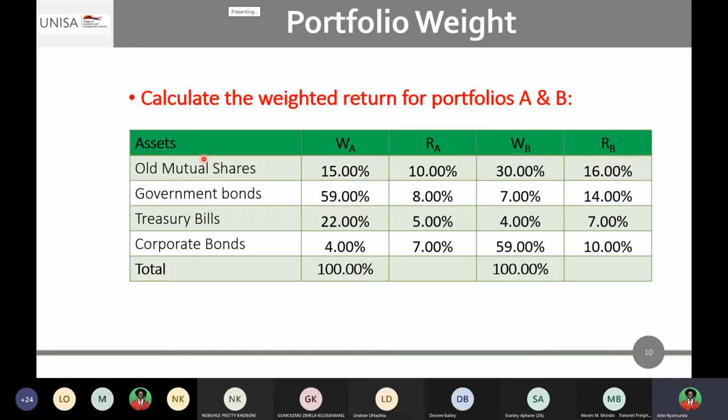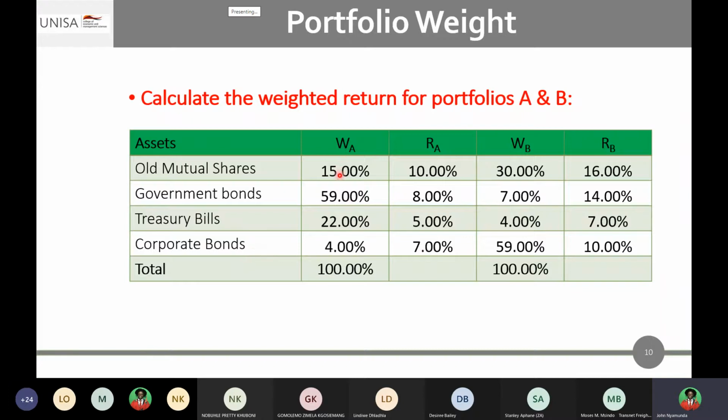So we have our two portfolios, portfolio A and portfolio B. As you can see, both portfolios are made up of Old Mutual shares, government bonds, treasury bills, and corporate bonds.